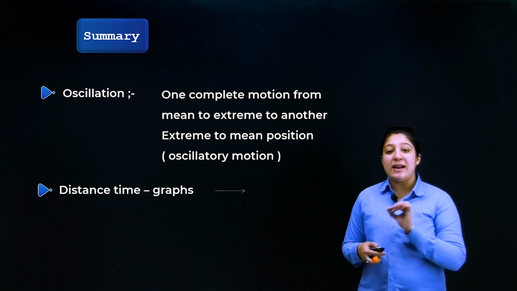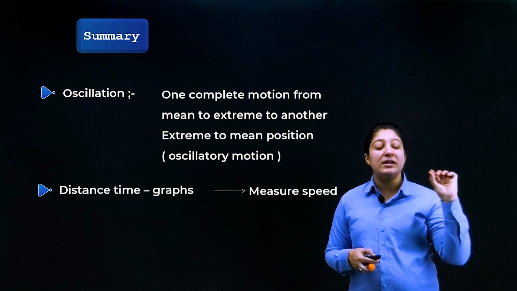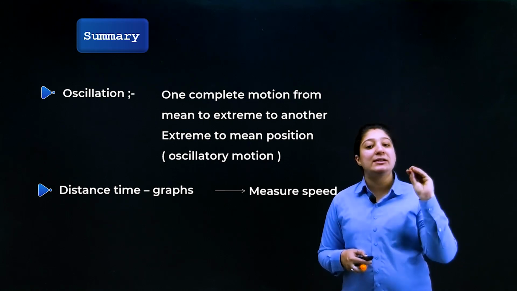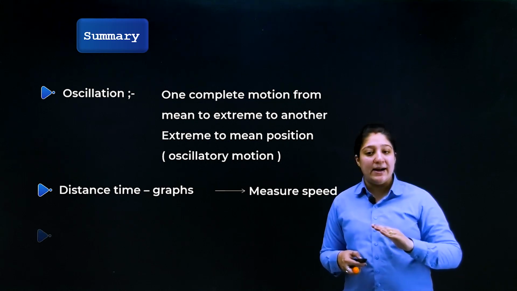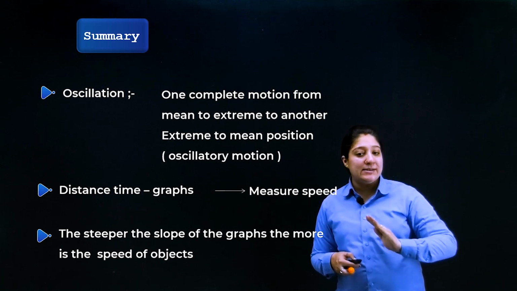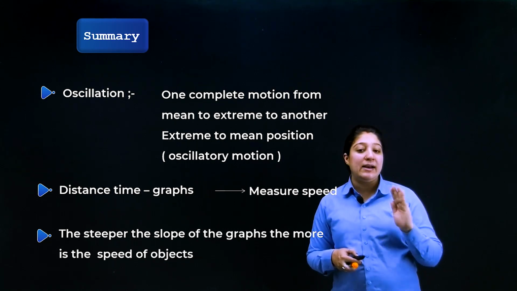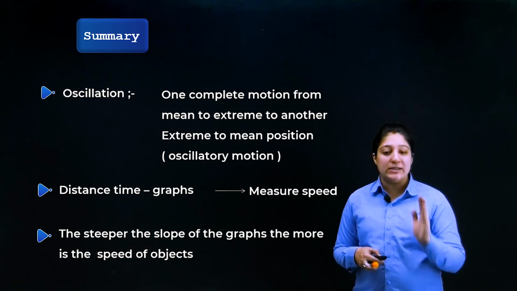The line we got after joining the points basically represents the speed. If the line is more slanted, that shows the object has covered more distance in less time, that is, the object is moving with a fast speed.